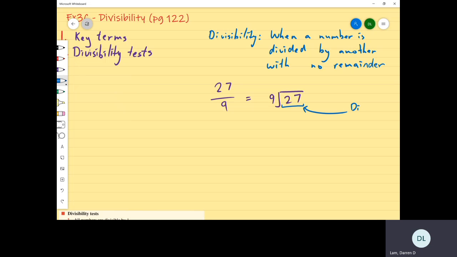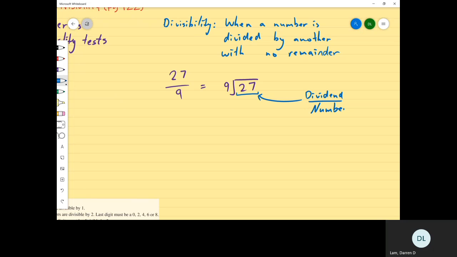So let's write dividend, which is our number being divided. Awesome. So that's our original number. The number that we're dividing by, in this case, it's 9, right? We're dividing 27 by 9. And that's my divisor.